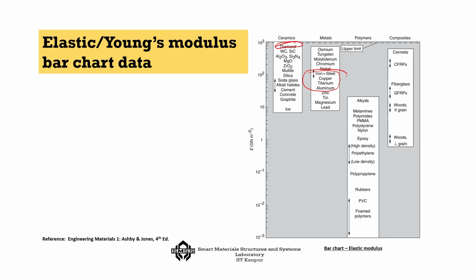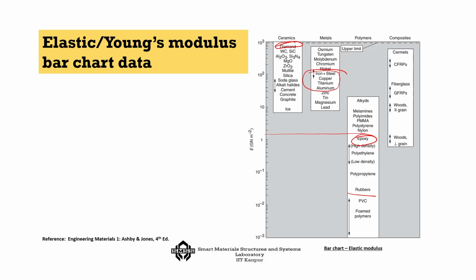So, these are more usable groups, okay, in terms of the metals, which have something like 2 to 500 gigapascal modulus of elasticity. And in the lower range you have the polymers, approximately in the range of 1 to 2 gigapascal, except some polymers which have a relatively higher modulus of elasticity, and rubbers of course have very poor modulus of elasticity.